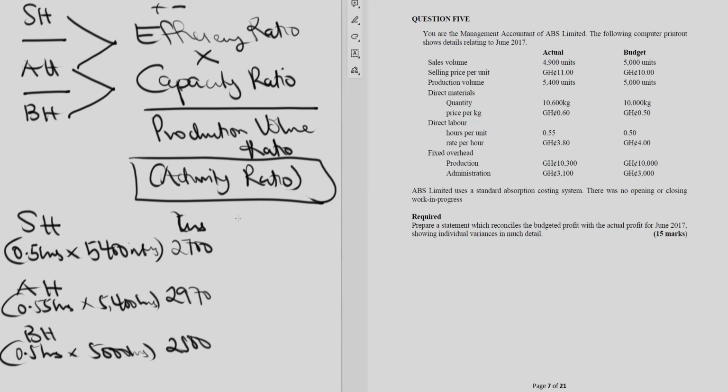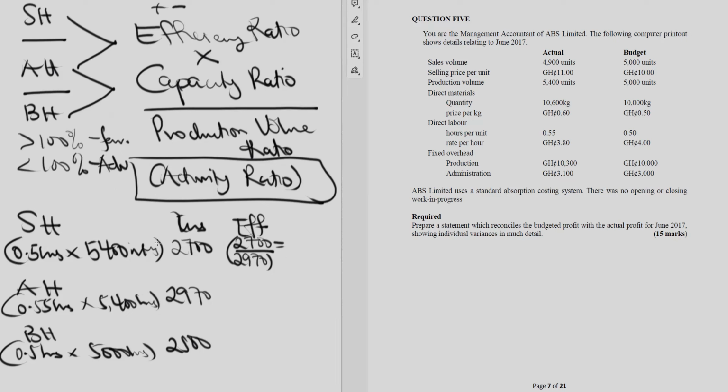Now, we know that when we want to do efficiency, it is this minus this, but here, because we are dividing, the efficiency variance becomes 2,700 over 2,970. And these control ratios, when they are greater than 100, they are favorable variances. And when they are less than 100, they are adverse in nature.